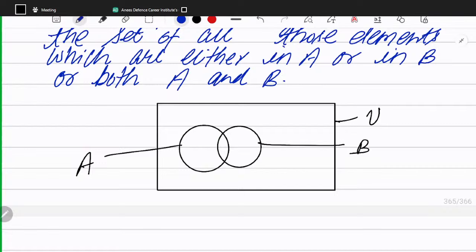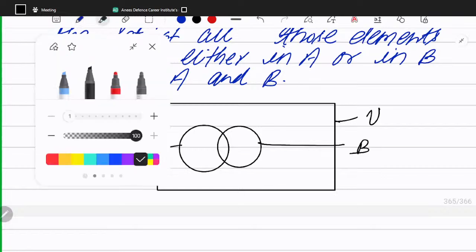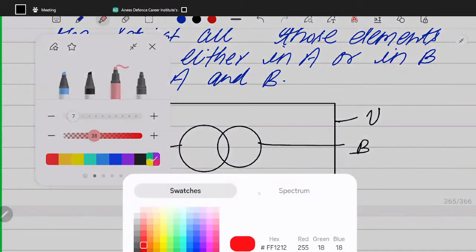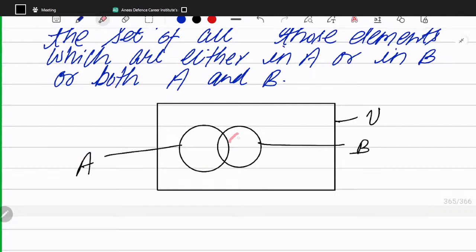If I am talking about A union B, that means you will paint at a time, which means all regions have only one layer of color.